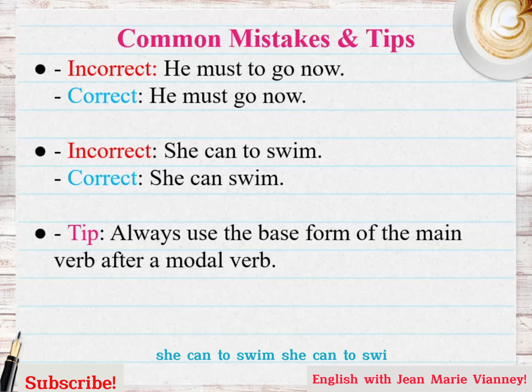The correct sentence is she can swim. So we have an important tip here. To avoid all these mistakes, always use the base form of the main verb after a modal verb. This is the important tip to use.